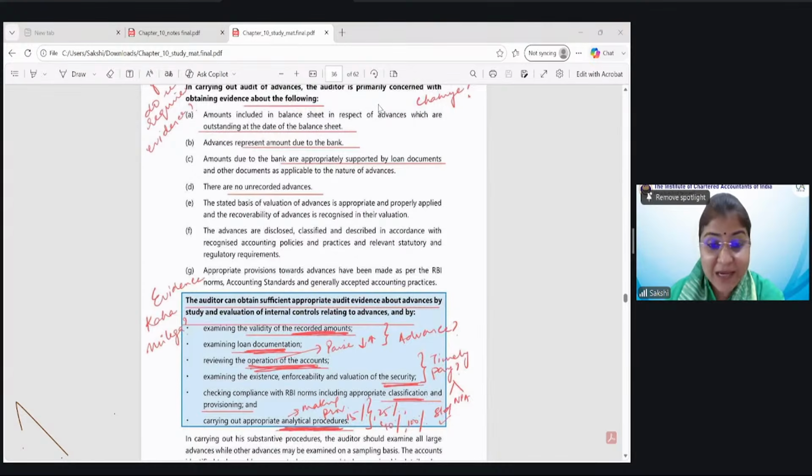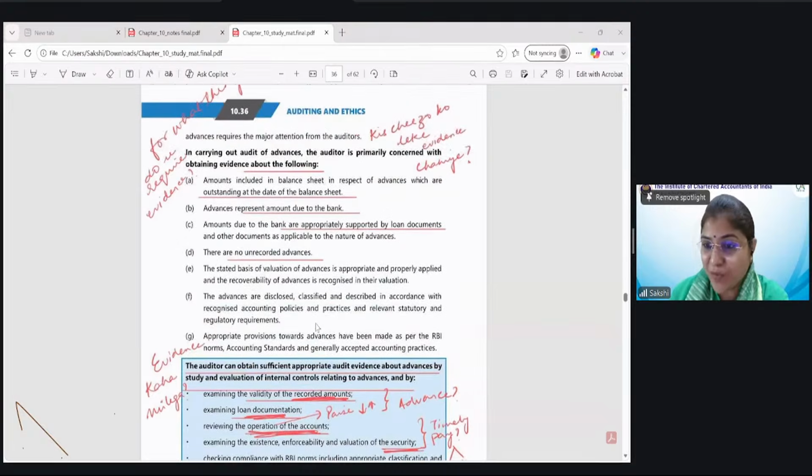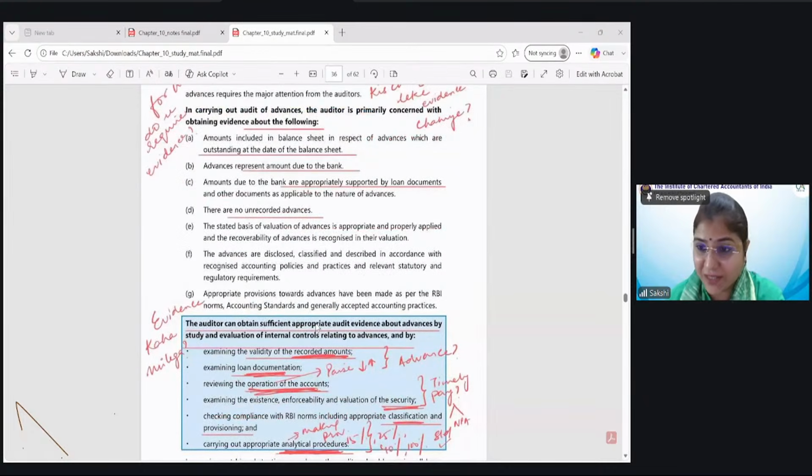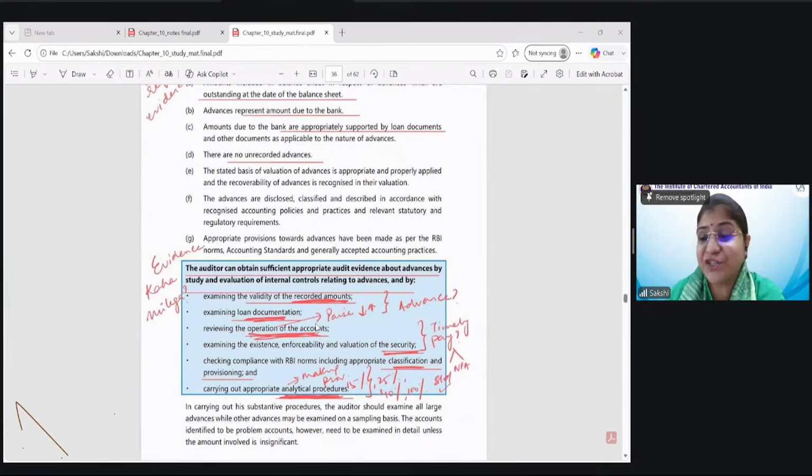Okay. Next question, which is confusing. I tell you that these two points are a little confusing for students to understand, but if you understand once, you will remember always. The auditor can obtain sufficient and appropriate audit evidence about advances by study and evaluation of internal controls related to advances.